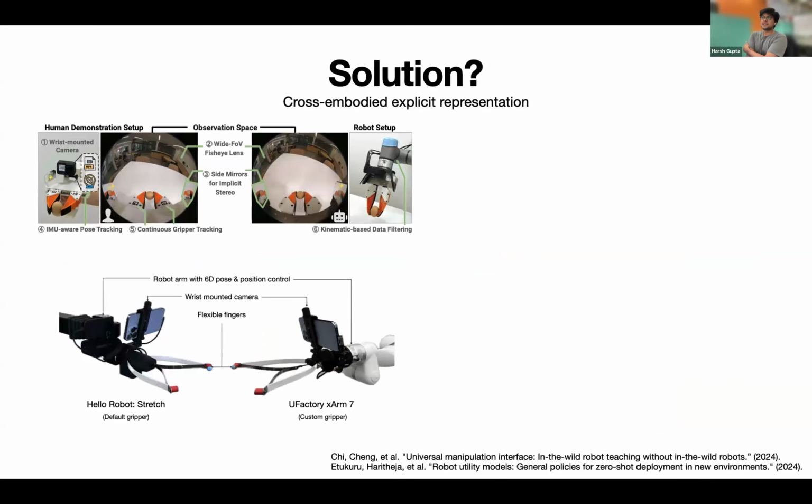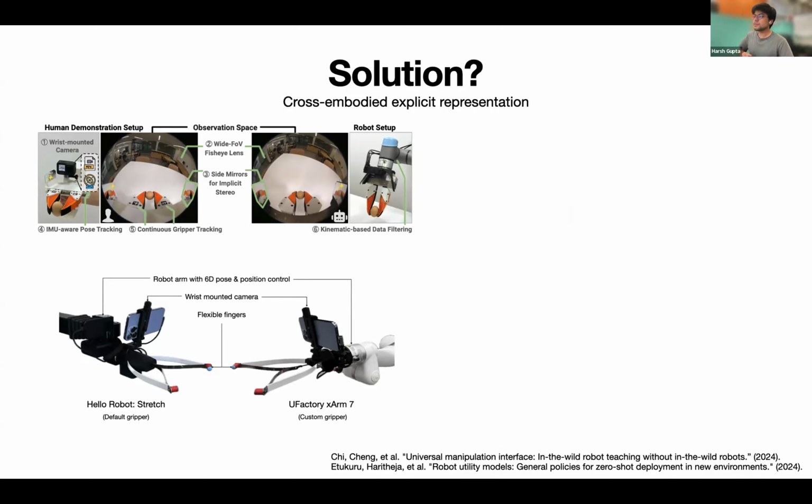Recently, we've seen some more progress on cross-embodied explicit representations. On the top left, you can see a universal manipulation interface. On the bottom left, you can see robot utility models.